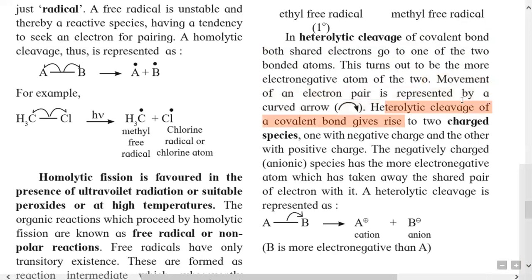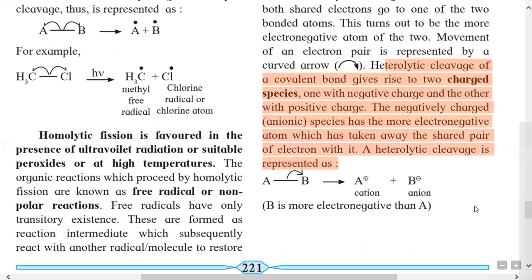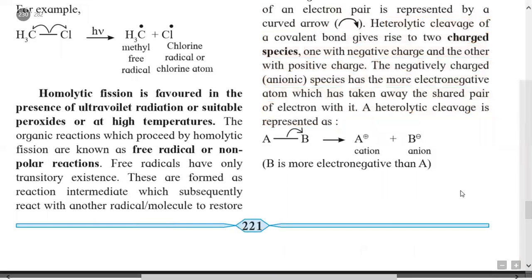Heterolytic cleavage of a covalent bond gives rise to charged species, one with negative charge and the other with positive charge. The negatively charged anionic species has the more electronegative atom, which has taken away the shared pair of electrons with it, and heterolytic cleavage is represented like the equation shown here.